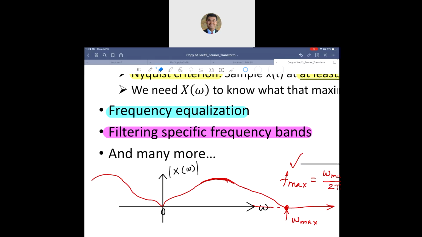If you want to know when this frequency occurs, can you answer that with X of omega? Can you answer that question? When does this frequency occur? Say that is 1 kilohertz, for example, times 2 pi. In the signal, do you know when that frequency occurs?